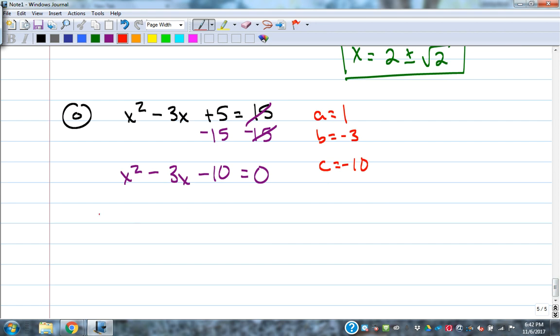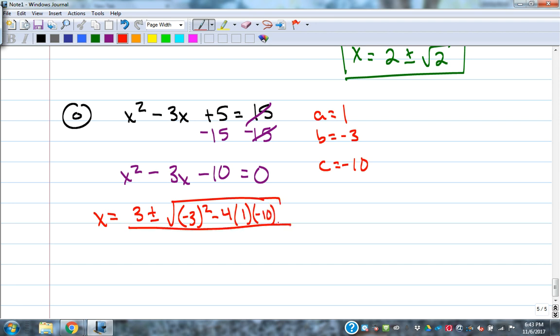So when you do quadratic formula, x equals negative b plus or minus the radical of b squared minus 4ac. Can't write as fast as I sing. Divided by 2a. And then we're just going to work this out. 3 plus or minus.